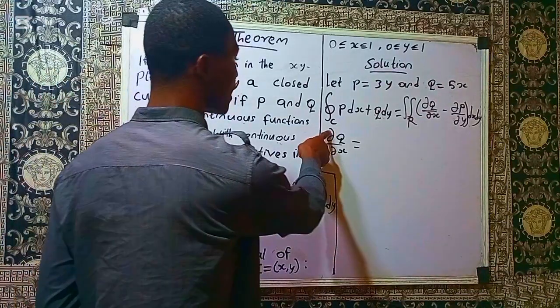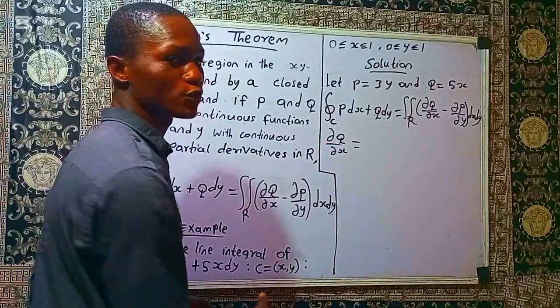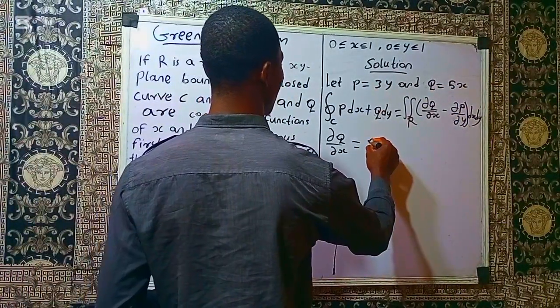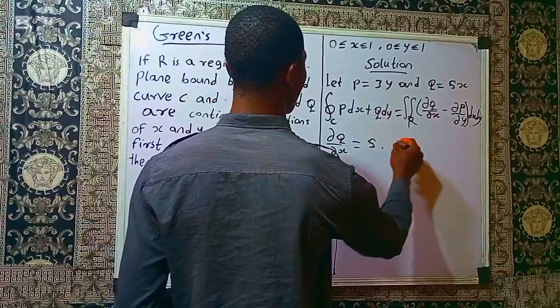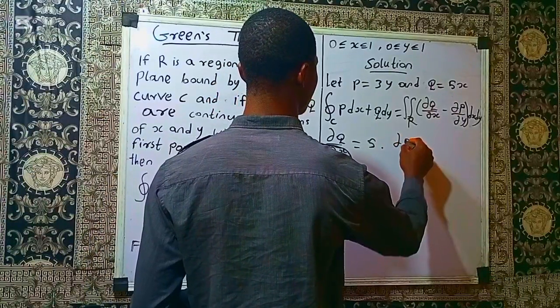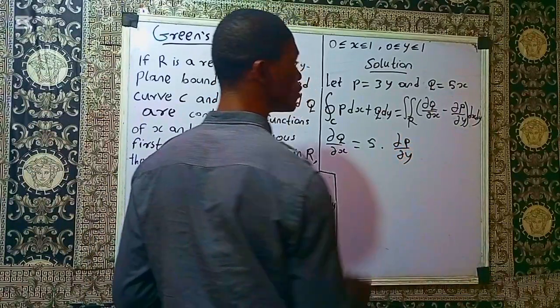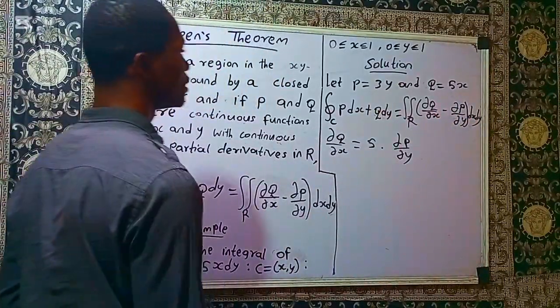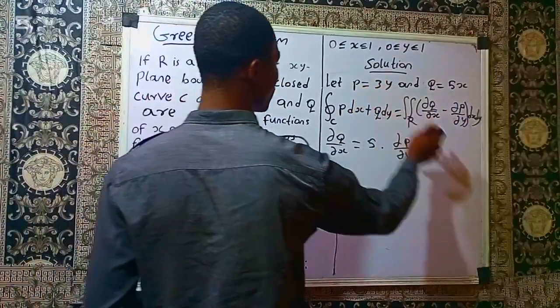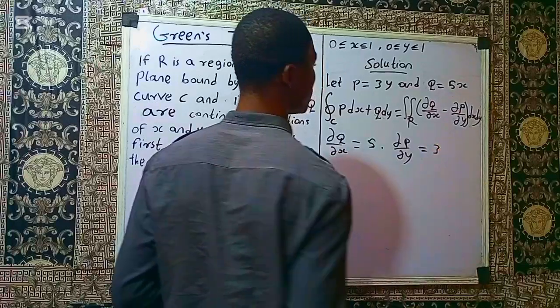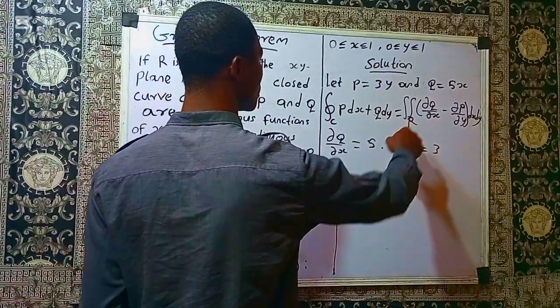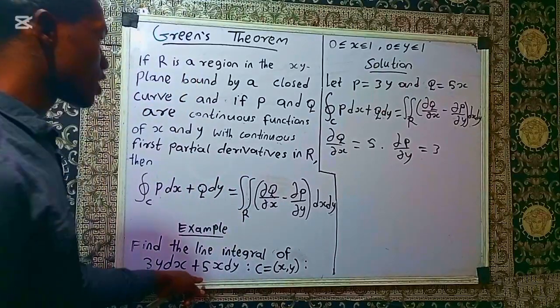So if I differentiate Q with respect to x, I get 5. And partial P partial y, you differentiate P with respect to y, and you get 3, right?